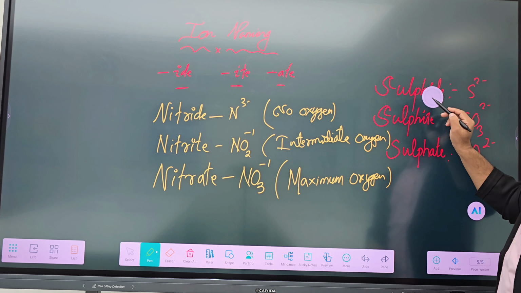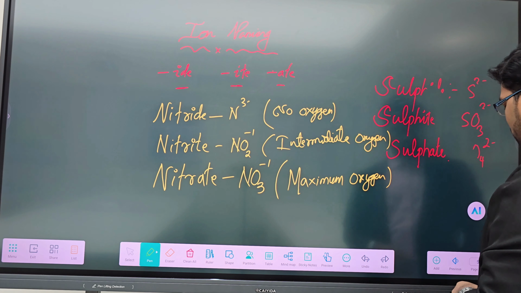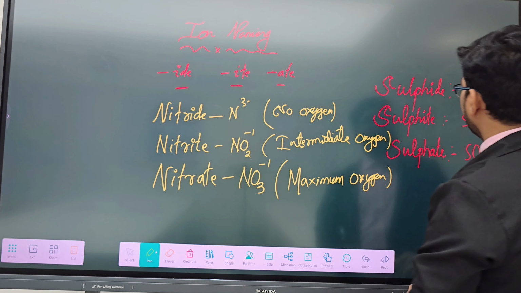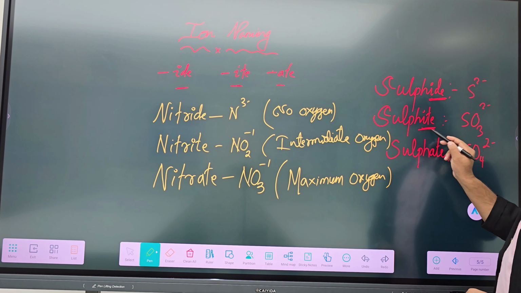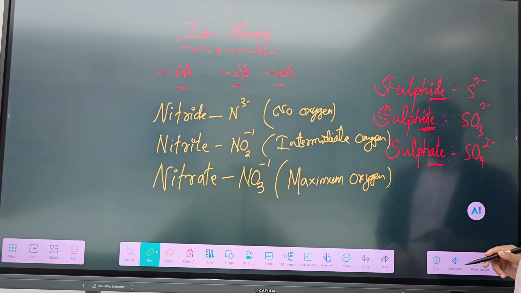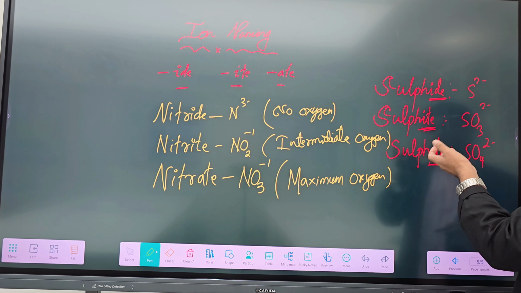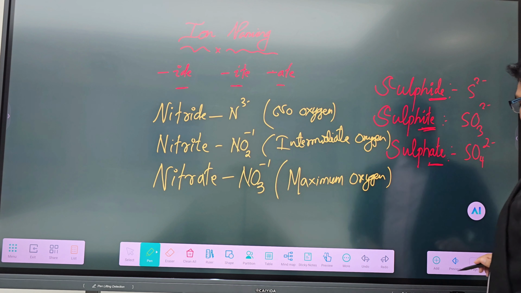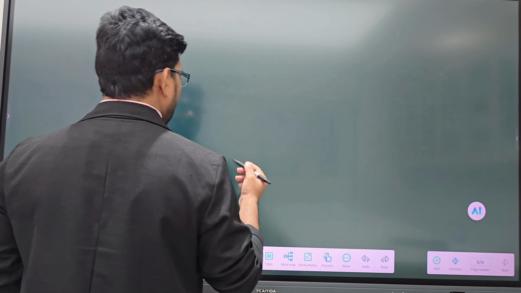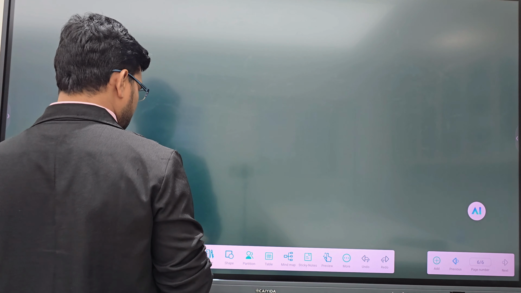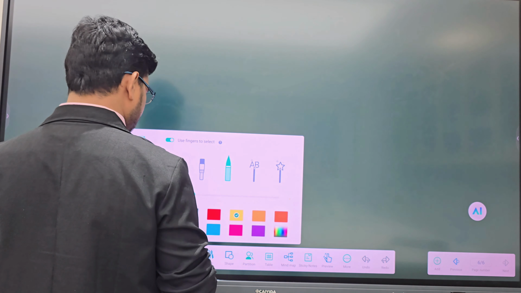So basically you can see the suffix IDE, ITE and ATE: sulfide, sulfite and sulfate.